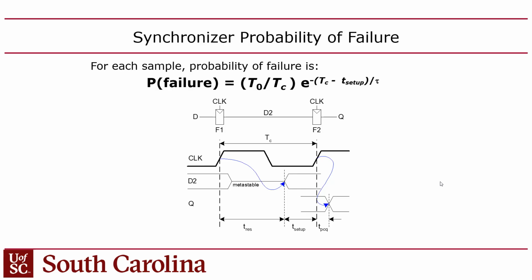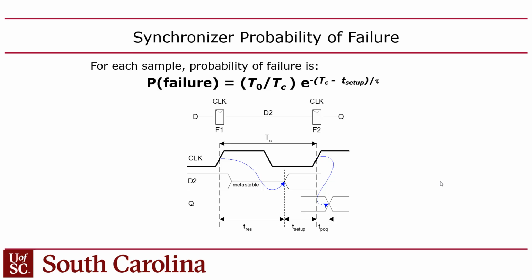Multiplied by the time in which we want to be out of metastability, which is going to be the clock period minus t setup, and then divided by tau. Tau is just that technology parameter. That's the mean of the exponential, okay? So basically this is how long we have.